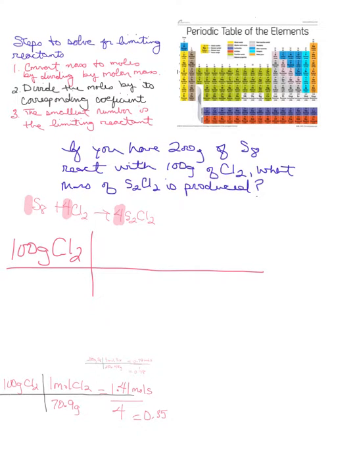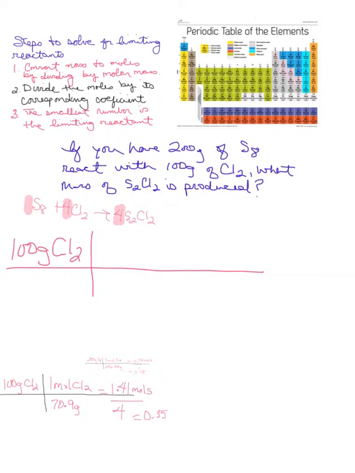I already did this calculation earlier when I was trying to figure out how many moles is in that. I have to convert to my moles so I can then bring in my mole ratio and then multiply that by the molar mass of my unknown. So I've already done it, but I'm going to do it again just in case you wanted to see it again.